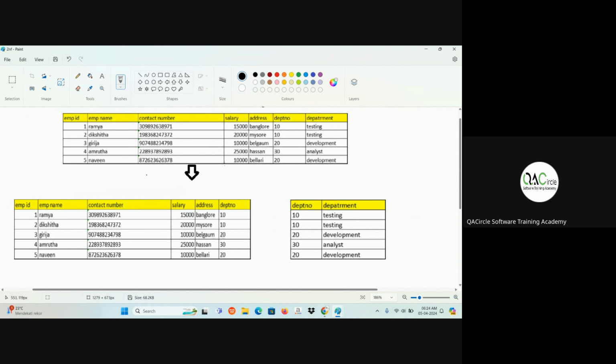Next, take down the subheading transitive functional dependency. It is also called derived dependency.